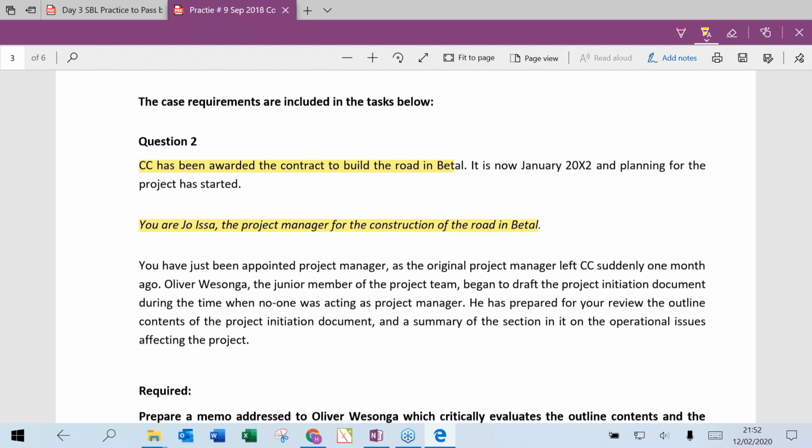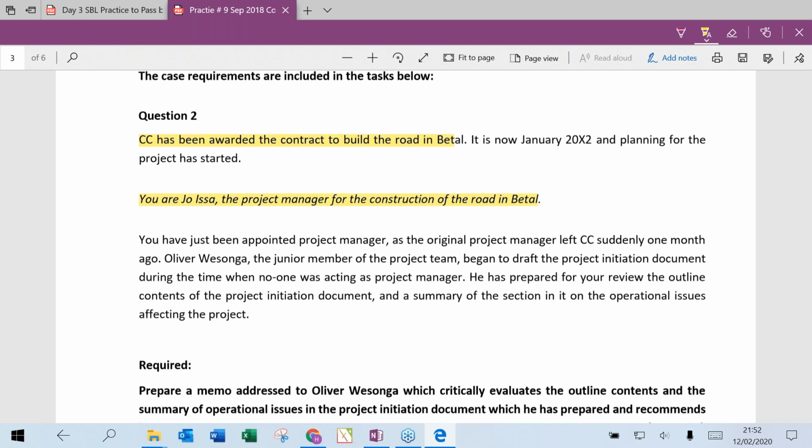You have just been appointed project manager, as the original project manager left CC suddenly 1 month ago. Oh, okay. Got it. Oliver Vizonga, the junior member of the project team, began to draft the project initiation document during the time when no one was acting as project manager.